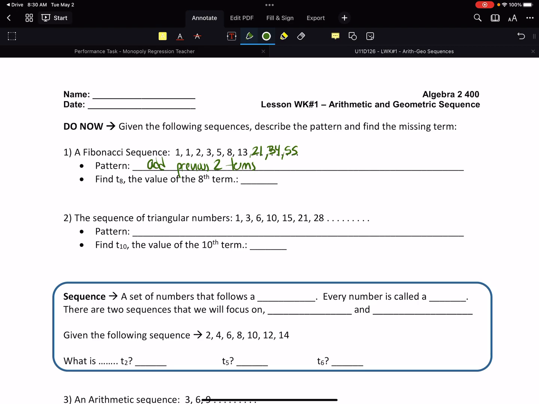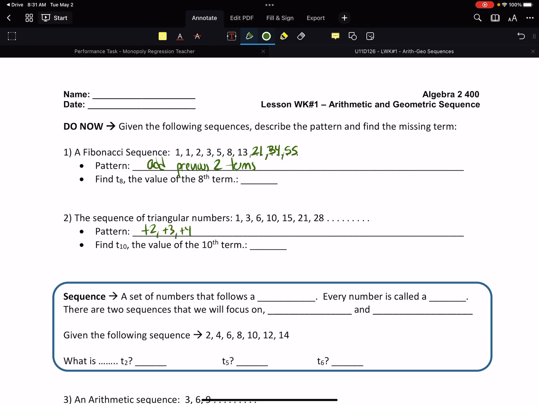A triangular sequence, in that situation, is there a common thing being added, a common thing being multiplied? Well, there's things being added, but it's increasing by 1. So the pattern here is a +2, +3, +4 scenario.